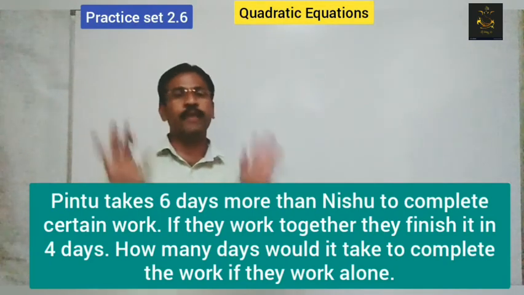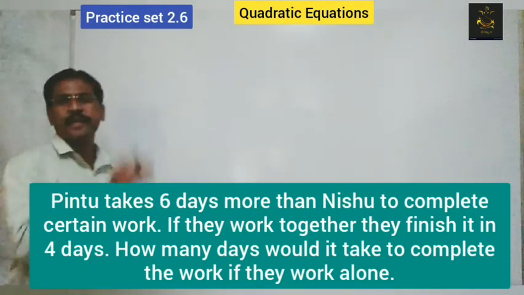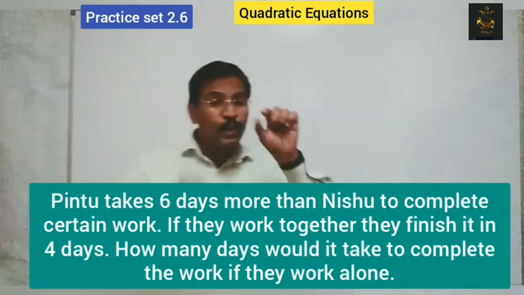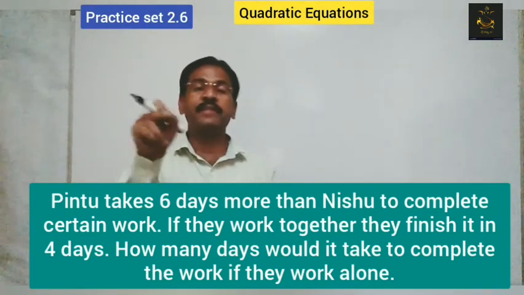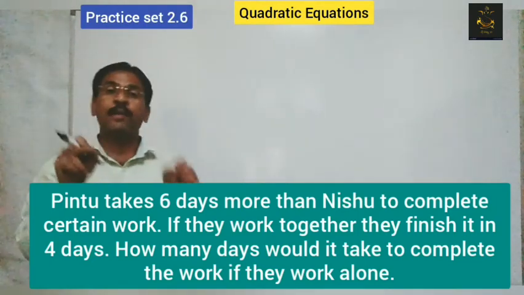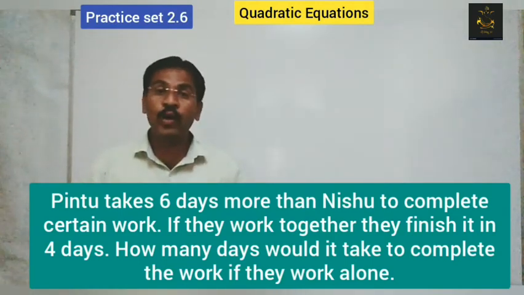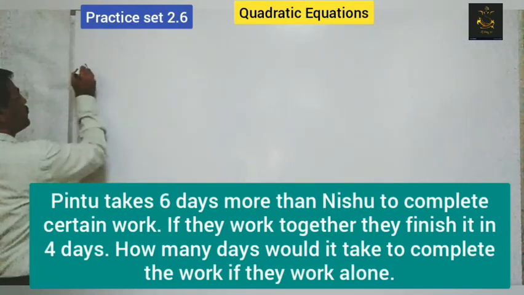So both we have to find. Both will take one x and the other depends on it. So look here, Pintu depends on Nishu. So let the number of days required by Nishu be x, and by Pintu x plus 6.